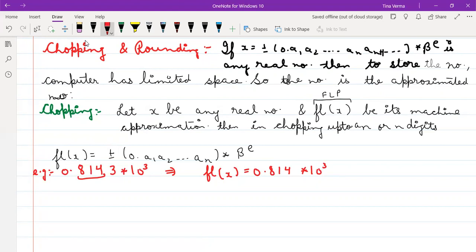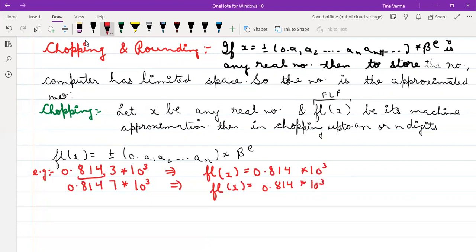Is it clear? That means you will delete all those digits after the 3 digits. Even if your number is 0.818147 into 10 raised to the power 3 and you have to chop it up to 3 decimal places, the number will remain the same.